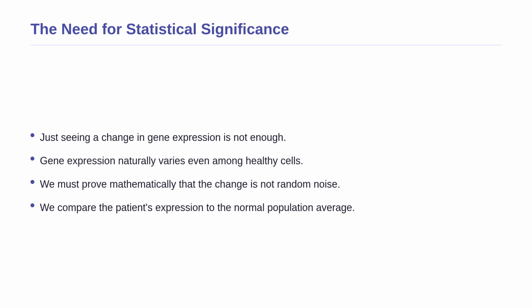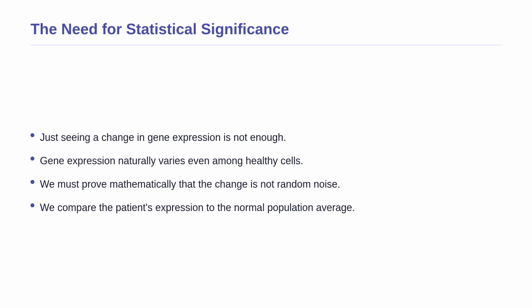We have seen how to measure a change in expression, but this leads us to an important question. Is that change actually meaningful? In functional genomics, just seeing a change in expression is not enough. We must prove it is statistically significant. Gene expression naturally varies, even among healthy cells.